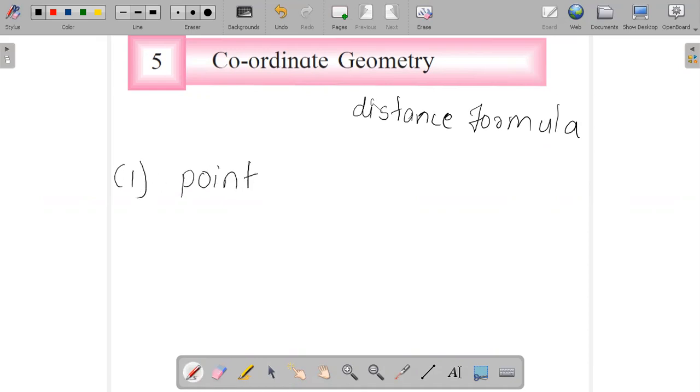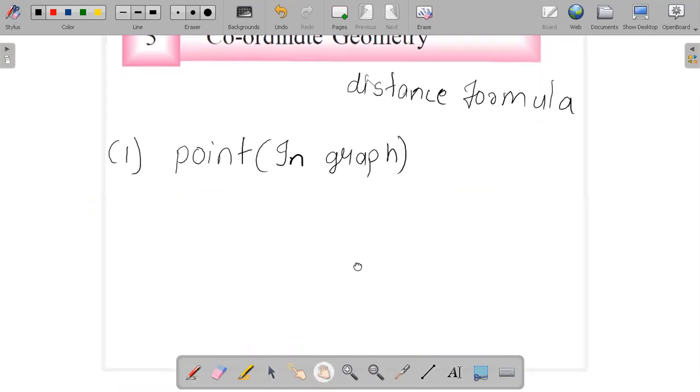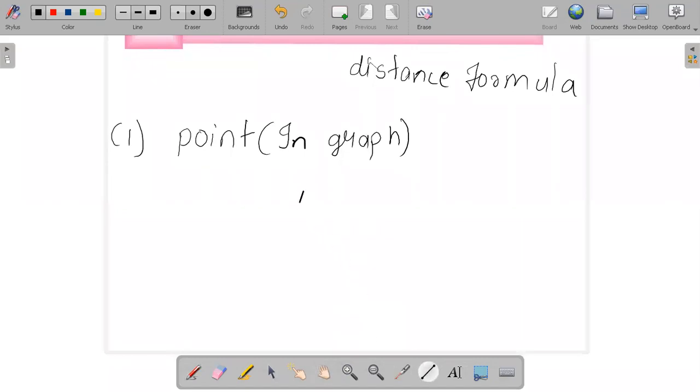What is a point? In a graph, when I say a point, how will a point look? For example, if you have the x-axis and the y-axis, in a graph, how will a point look?